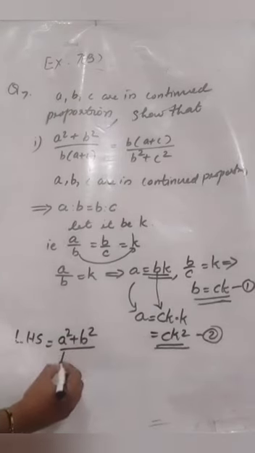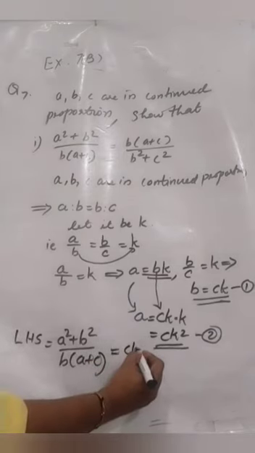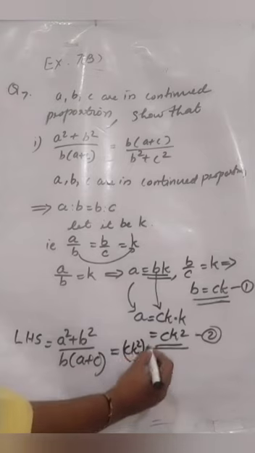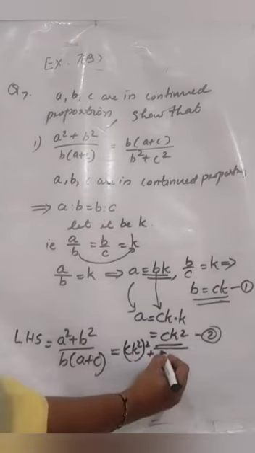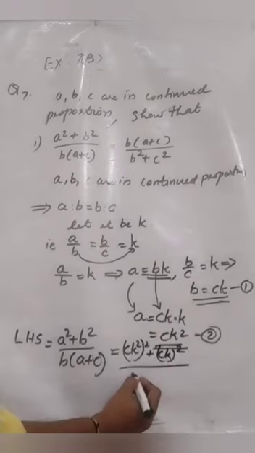LHS: a square plus b square by b into a plus c. That is equal to A square means CK square the whole square. Value of A is CK square, no? And B square means CK the whole square.